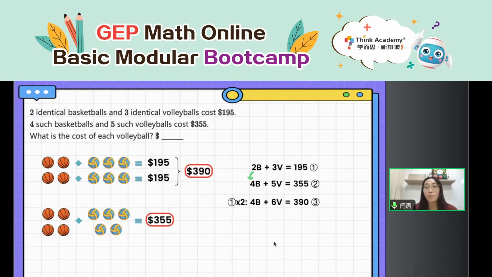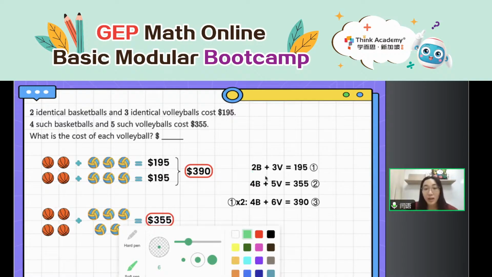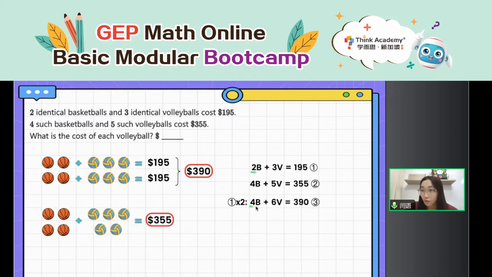Then you will get 4b plus 6v equals 390. Okay, so here pay attention. 2 to 4, then 3 to 6, and then 195 to 390. Then following this, you can just compare equation 2 and equation 3. 3 minus 2, you will get one volleyball costs $35.